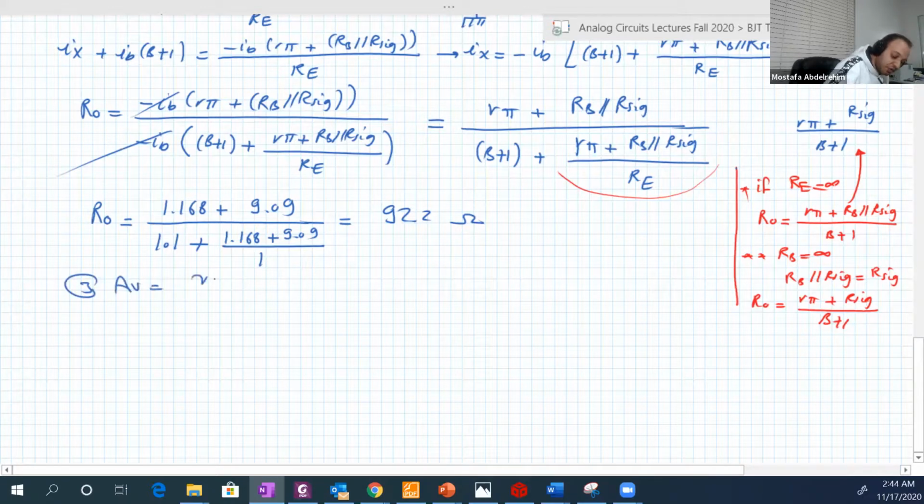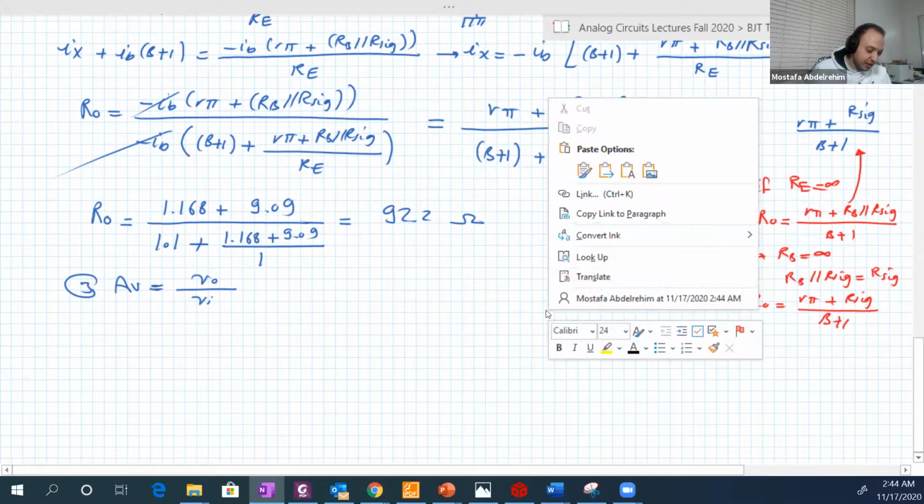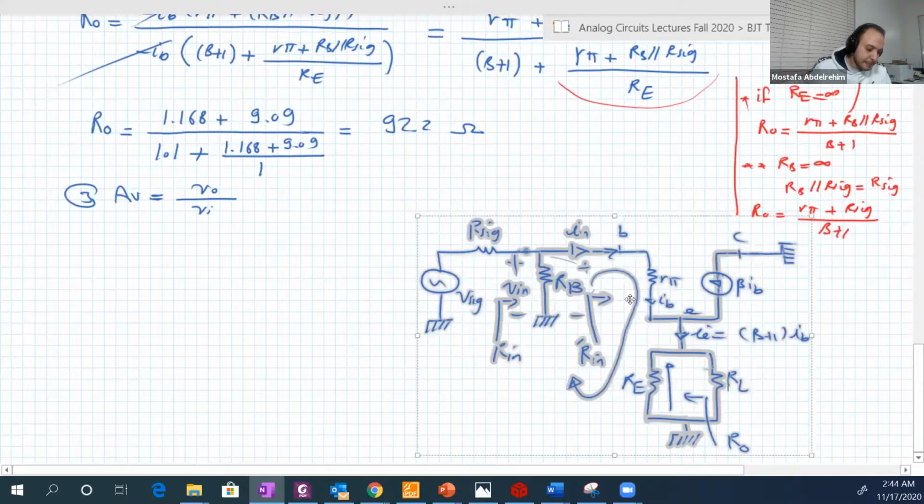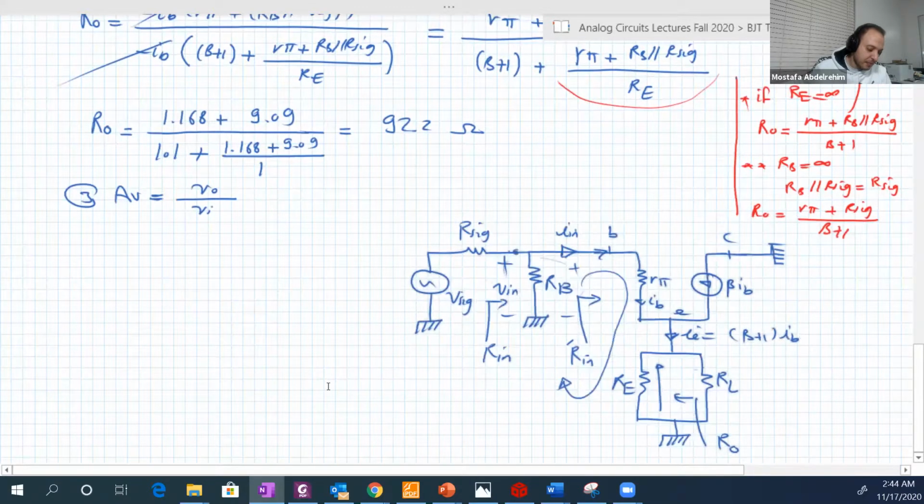AV is equal to VO over V input. We need again the circuit, so let's paste it again here. The input is the voltage from that point to the ground, and VO is the voltage across RL or RE.